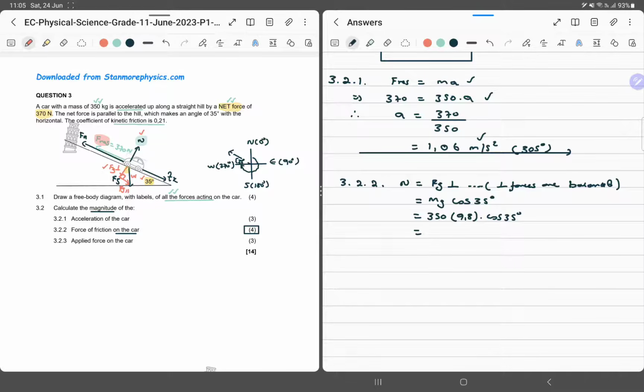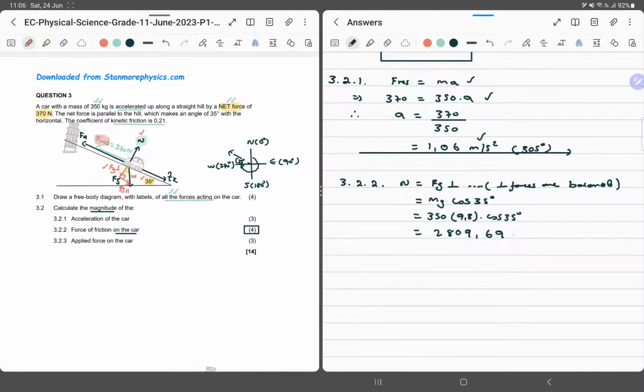So let's start. So cos 35, then we multiply by 9.8, then we multiply by 350. So we get a very big force here, which is 2809.69 to 2 decimal places.